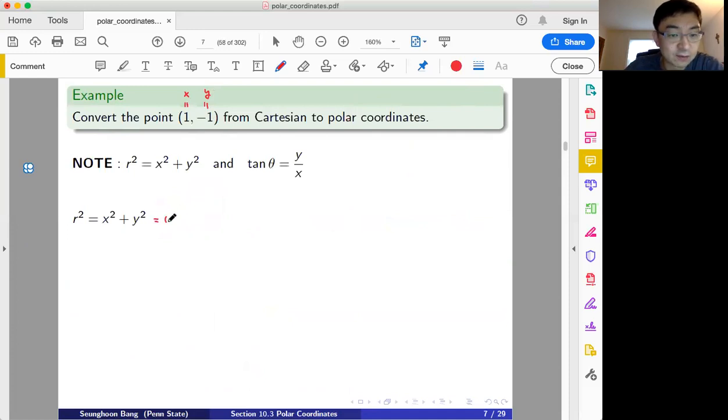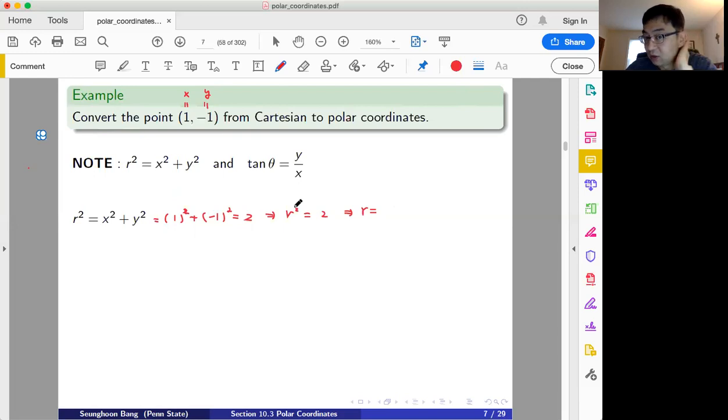So 1 squared plus minus 1 squared equals 2. So r squared equals 2. What is r? R equals the square root of 2.